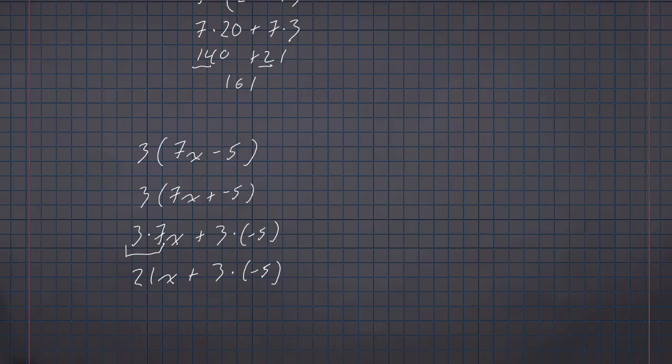And the rules of algebra tell us the next thing we should do is multiply 21 times x, although we don't quite know what that is. Luckily, that 21 times x is going to sit for a little bit because the step after that would be multiply 3 times -5, which is -15.